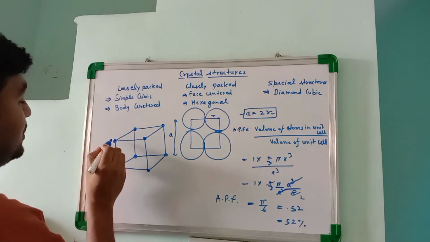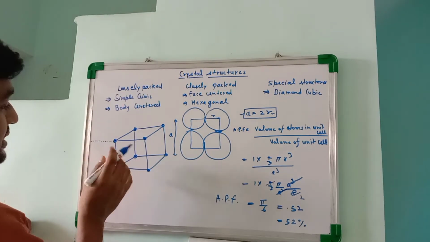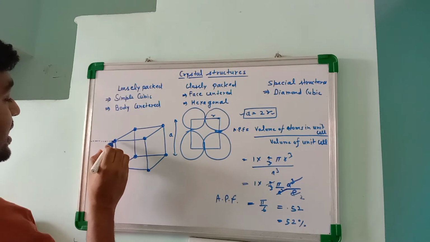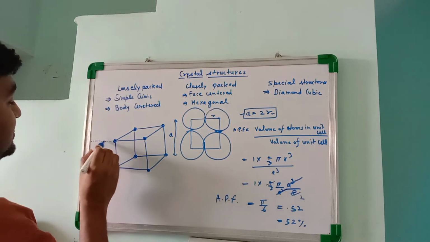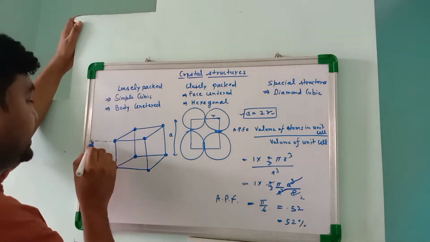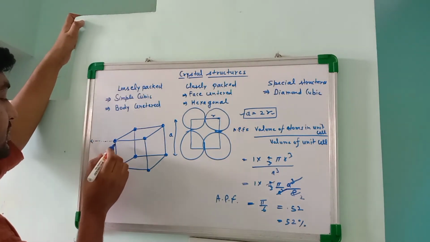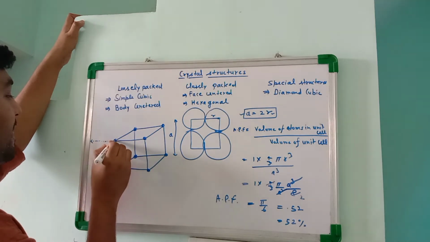So in simple cubic we can understand like this: one atom is coordinated with the unit cell which is present here.